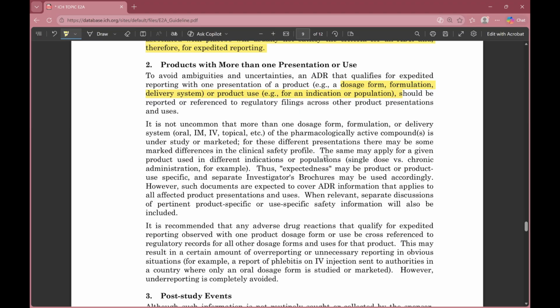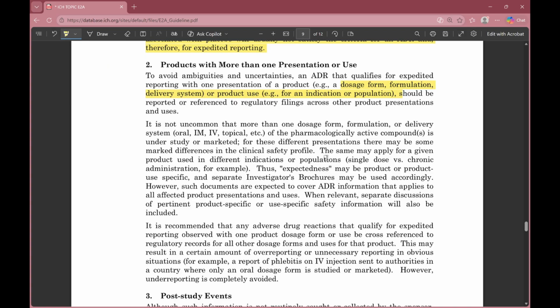Categorizing it into two things: the same drug can exist in different forms like tablets, capsules, injections, or any other drug delivery systems. And it can have different uses, that is, for a different indication, a different disease, or in a different population, that is a different patient group, such as an adult, an adolescent, an infant, etc.